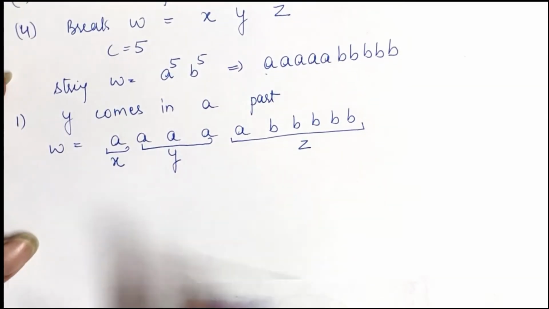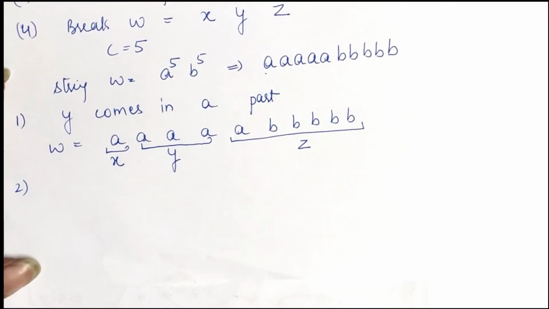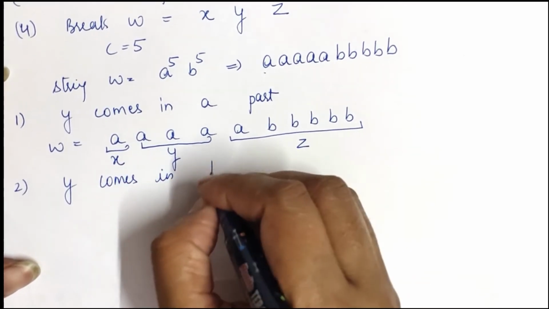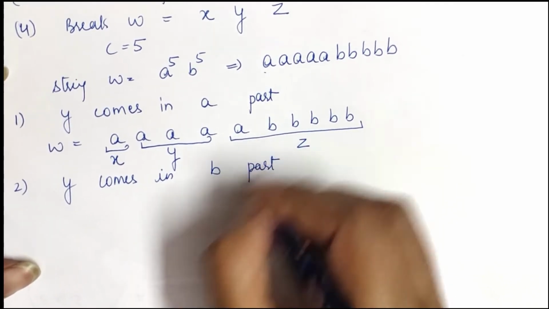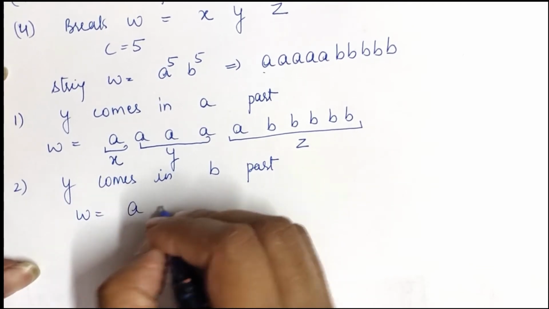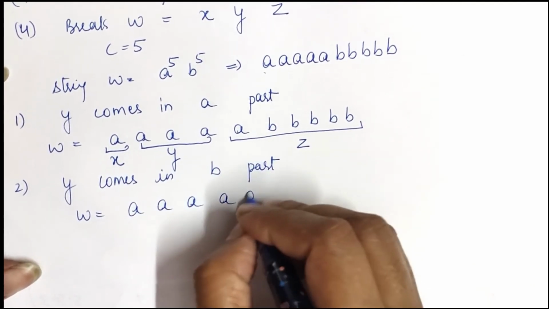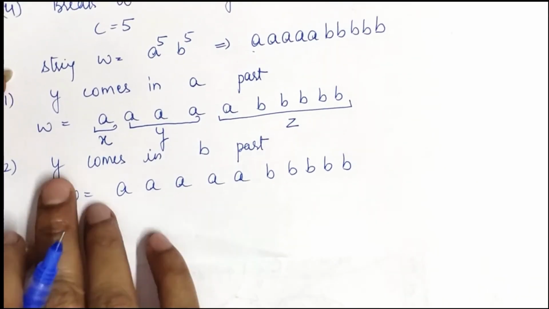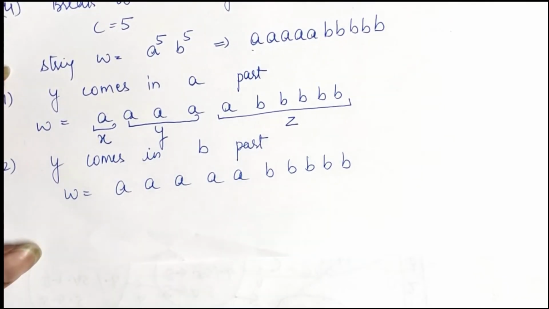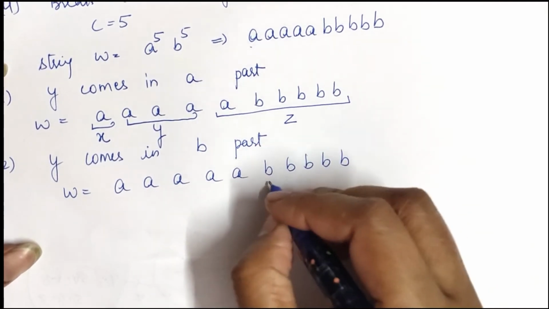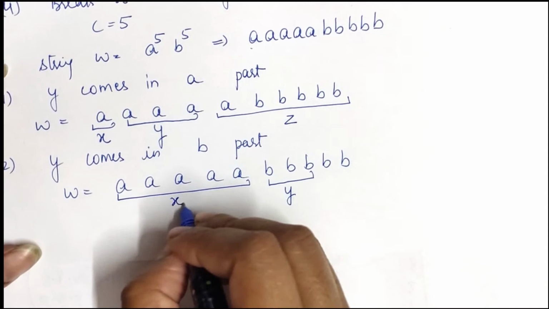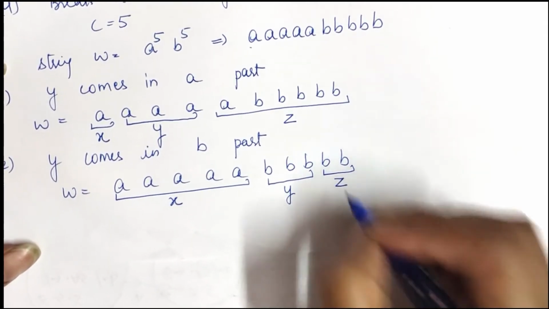Now the second case: Y comes in the B part. W equals 5 times A, 5 times B. Now we take Y in the B part. So I am taking Y equal to 3. This is Y, this whole is X and the remaining part is assigned to Z.